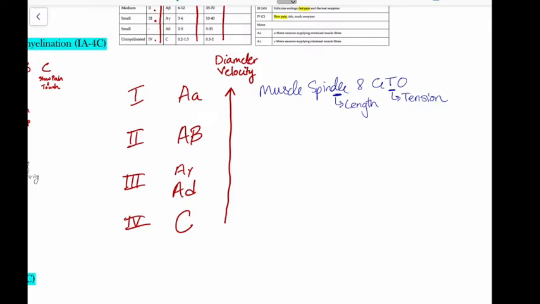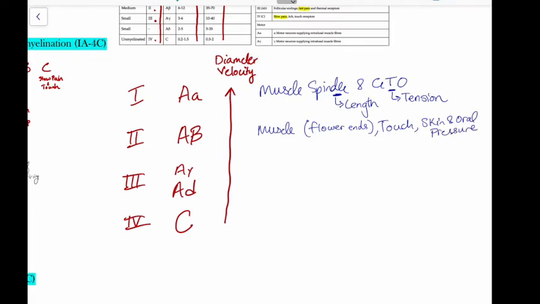Then we have type 2, which also has muscle spindles, but the flower endings that I showed you earlier. So they are the flower endings. This will also tell us about the touch and some type of pressure in the skin and oral pressure or vibration.